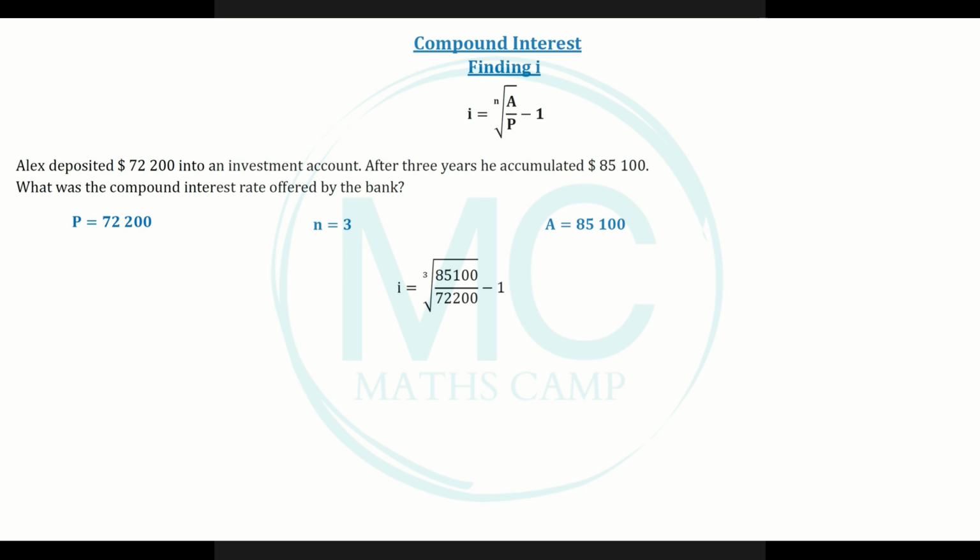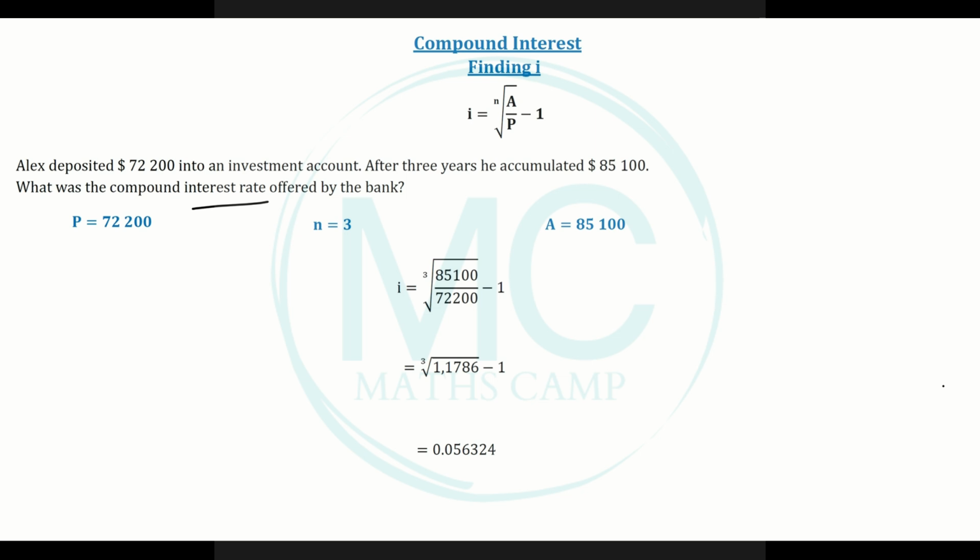85,100 divided by 72,200 gives us 1,1786 and so on. Put this under root 3 and subtract 1. Now we can put this into our calculators and we get 0,056324 and so on. This is our i value. But remember, we don't want an i value. We want an interest rate.